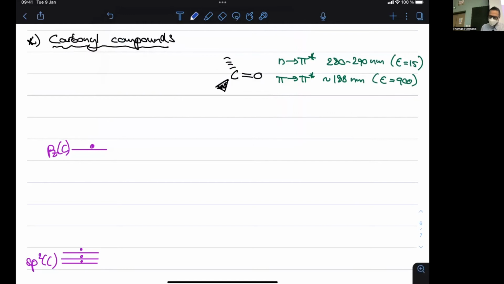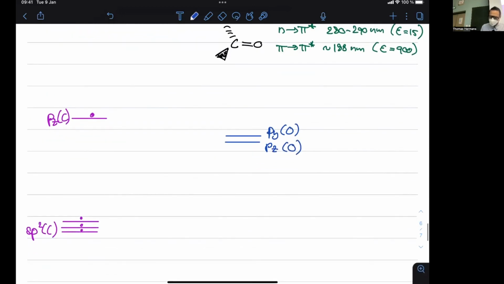And then a little bit lower, we have the py of oxygen, pz of oxygen. And then even a bit lower here, we have sp of oxygen. So we have 3 electrons here and 3 electrons here.